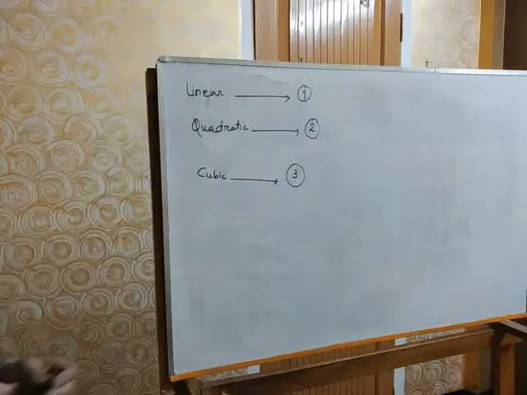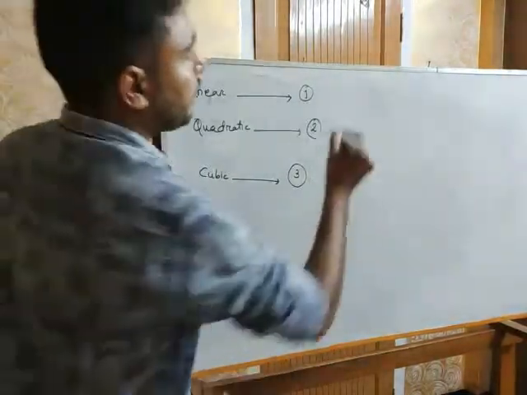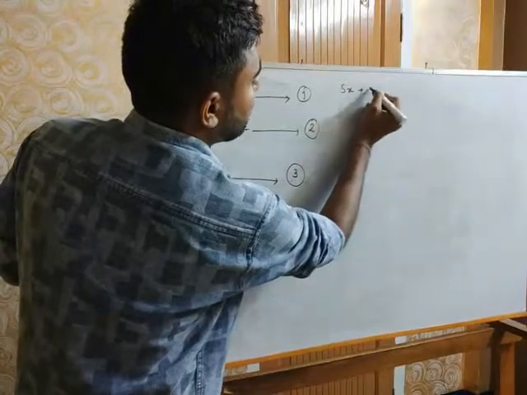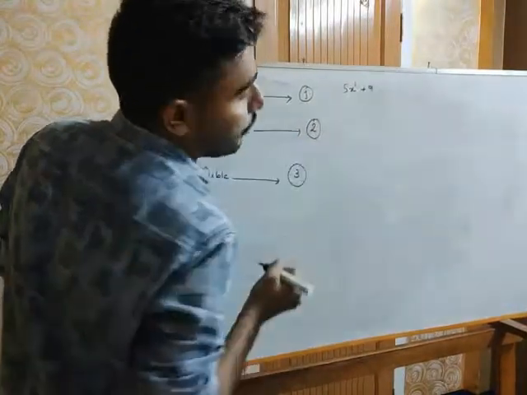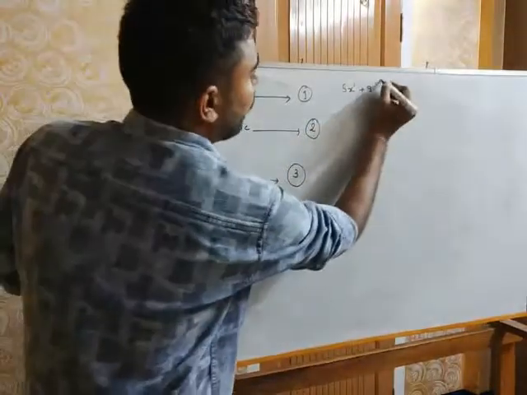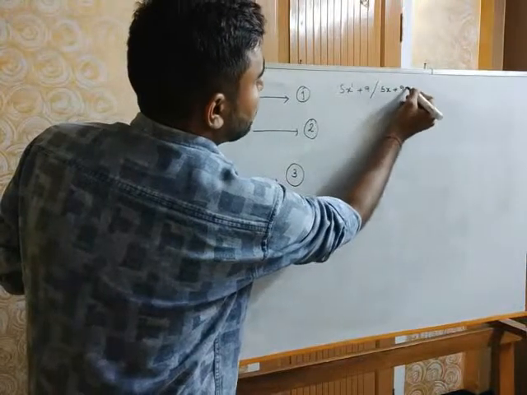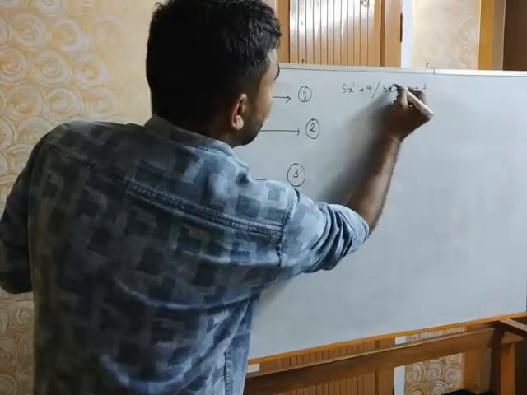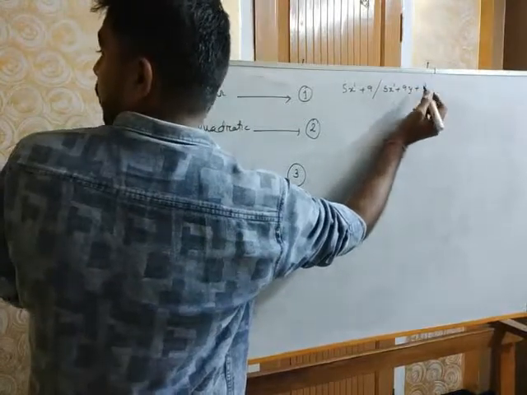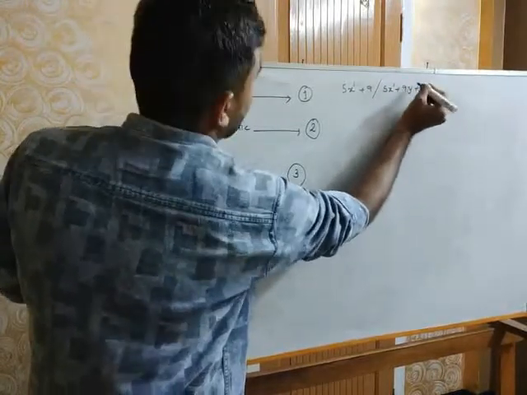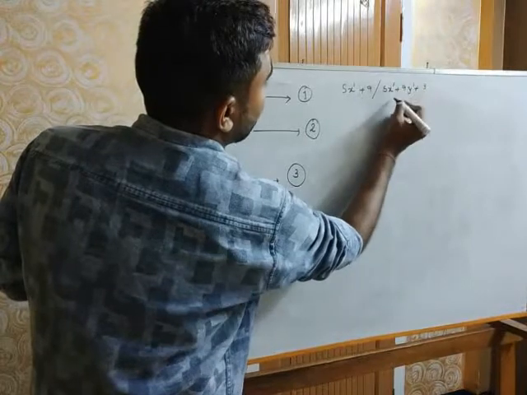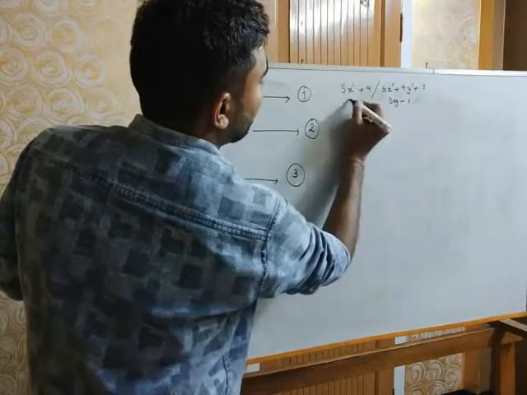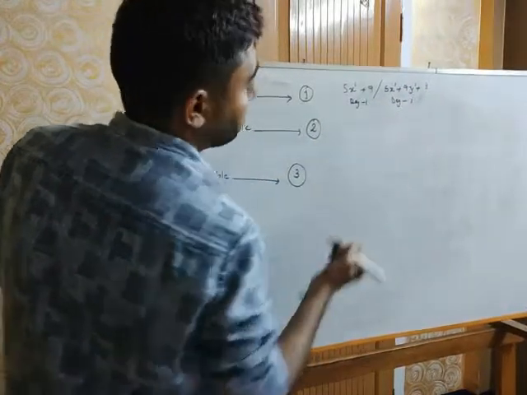For linear you can write 5x plus 9. Here the power of x is 1. Or you can take 5x plus 9y plus 3. Here you can see the power of x is 1 and the power of y is also 1, so the degree is 1 here and the degree is 1 here.